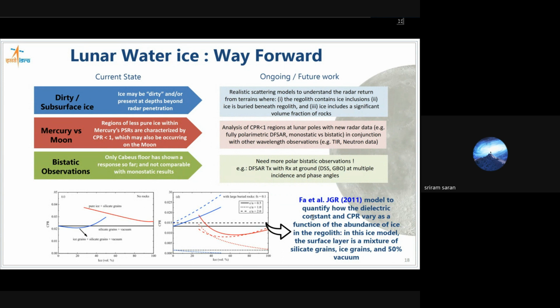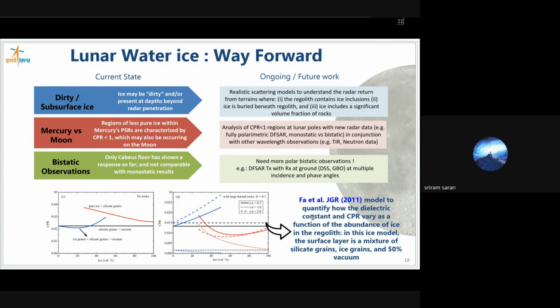Then when the ice is buried beneath the regolith, because then you have to understand the thermophysical properties of both the top layer as well as the buried ice. And another interesting and important phenomenon is what happens when the ice includes a significant volume fraction of rocks. So these are the 3 current modeling scenarios we are targeting.